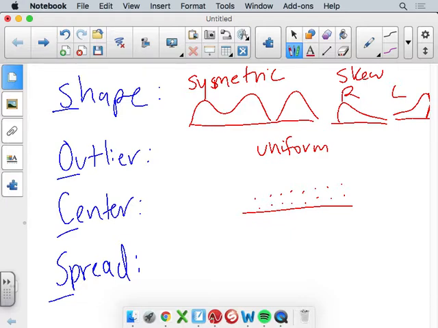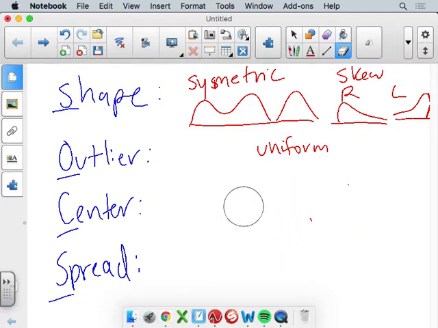But if it's really obvious, with an even distribution throughout, it'd be uniform. Like this could be the probability of rolling a die, rolling a 1, 2, 3, 4, 5, and 6. They all have the same probabilities. So maybe the outcomes were very uniform in distribution, like I had 2 1s, 2 2s, 2 3s.